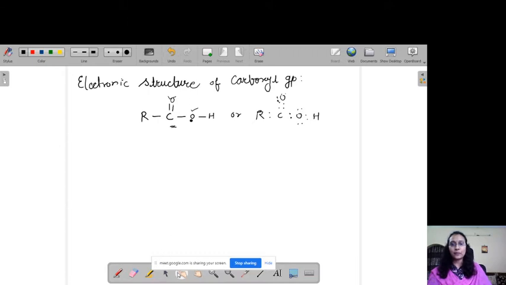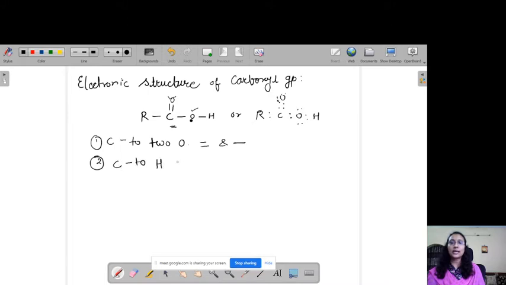The important points which we have discussed right now are: the very first point, the carbon atom is attached to two oxygen atoms, one by a double bond and one by a single bond. This carbon atom is also attached to a hydrogen or an alkyl group, the free valency.